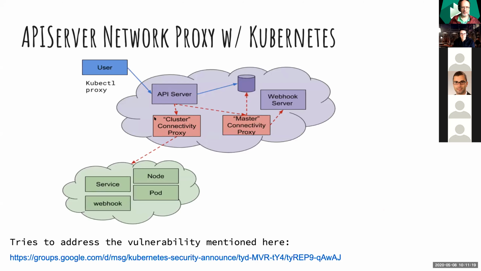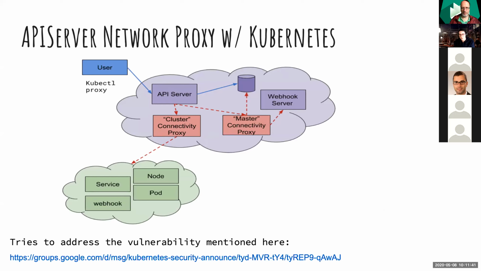And again, in a Kubernetes context, why is it needed, or what does it look like? The whole motivation behind the API server proxy was a vulnerability discovered by the Konnectivity guys that allows users to proxy to a pod, for example.